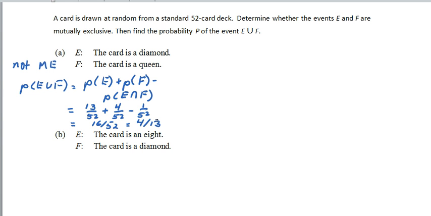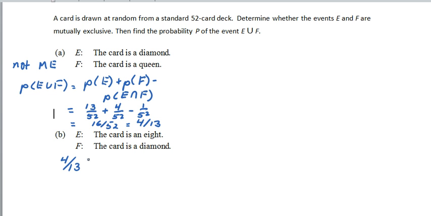Part B here has the identical answer, since we've got 1 8 of diamonds.